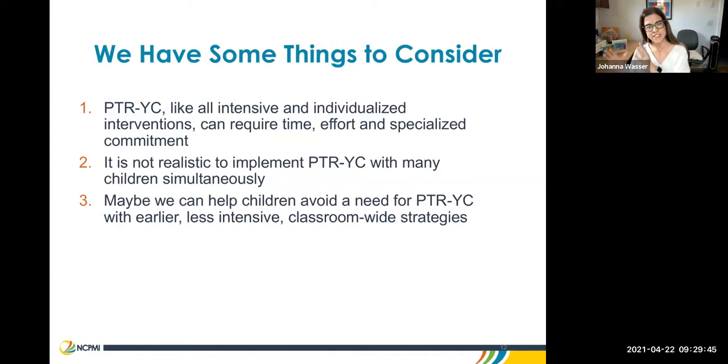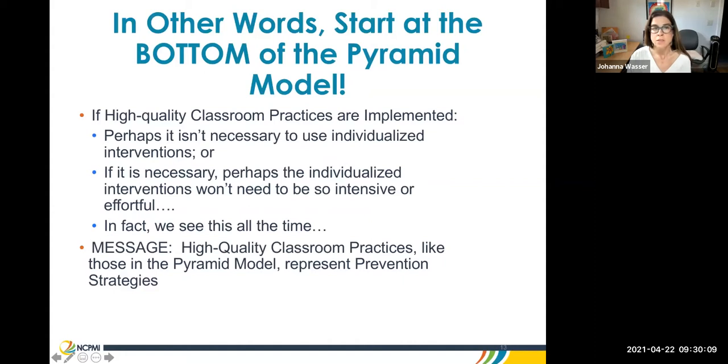So it's not fixing the child, it's really looking at what the universal environment is providing for all kids. And then maybe we can help children avoid the need for PTR-YC earlier and less intensively when we look at those classroom-wide strategies.